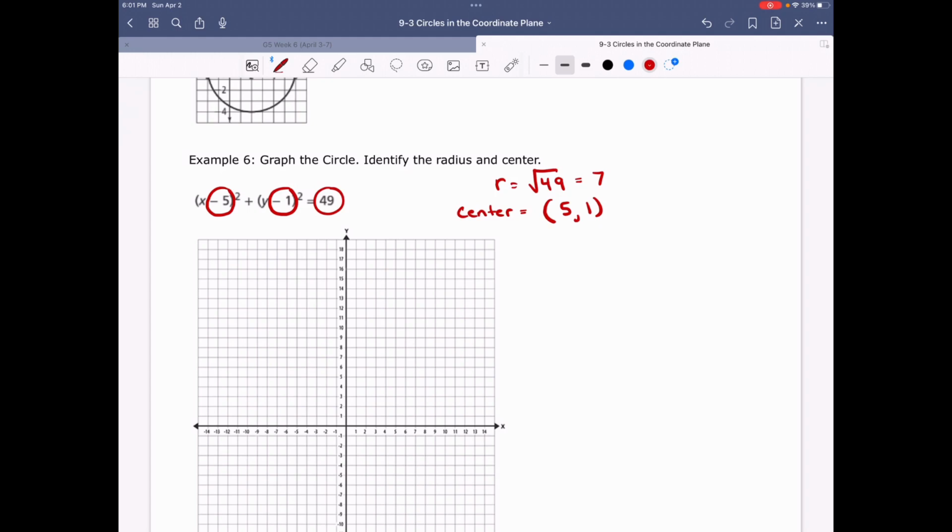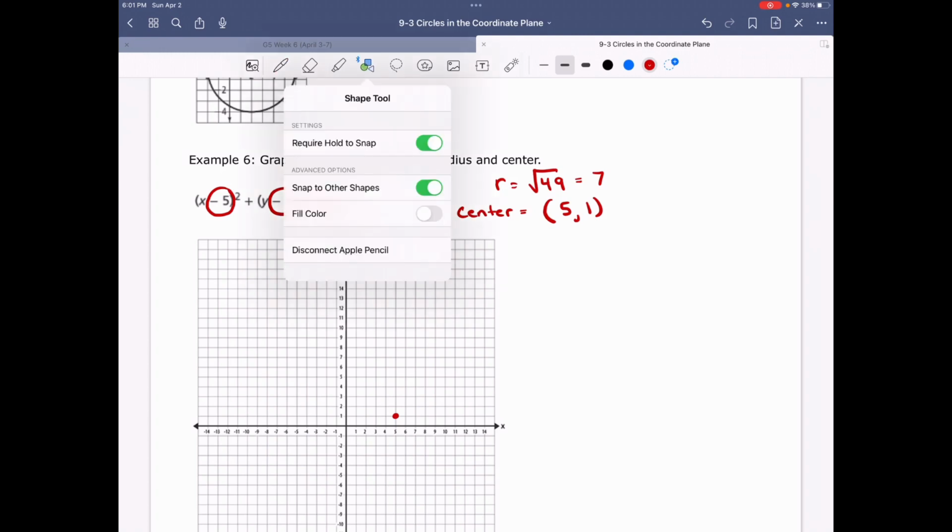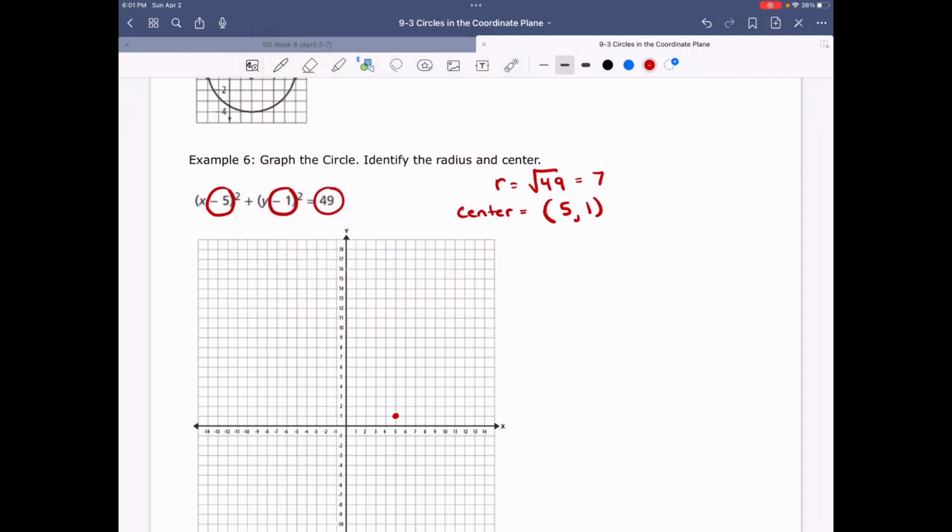Now we graph it. So we're going to go over 5, up 1, and then I think I can make a circle with this. Maybe. So the radius will be 7. 1, 2, 3, 4. I'm counting from the center. 5, 6, 7.